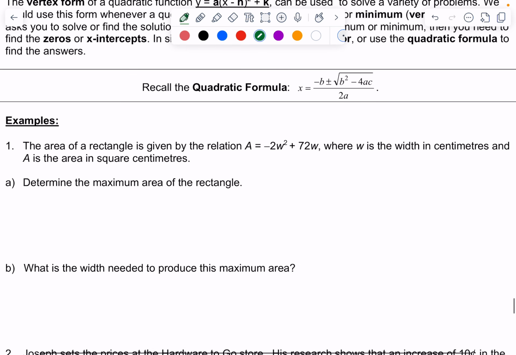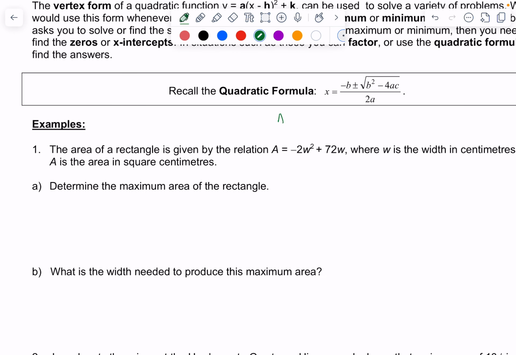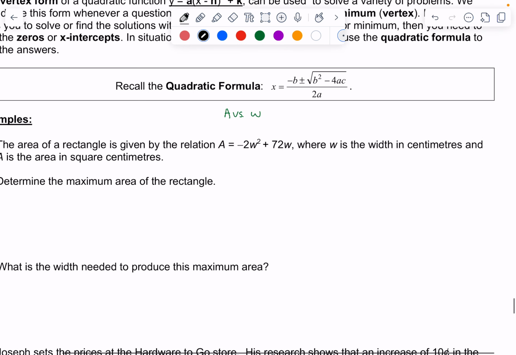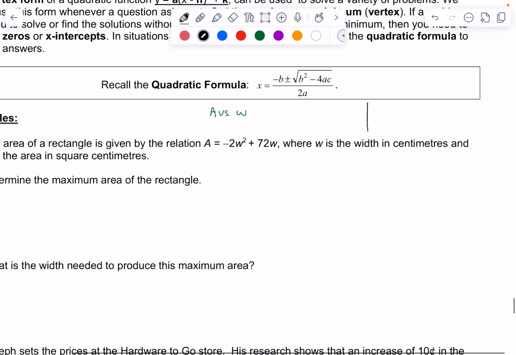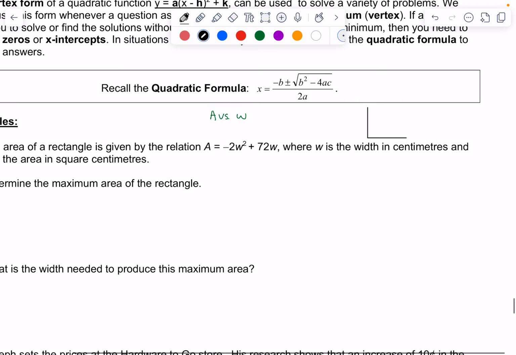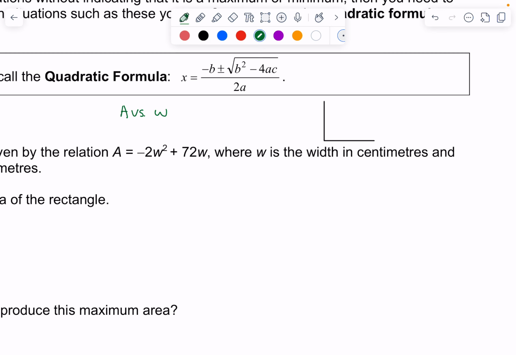So notice in this equation right here, we are graphing A versus W, okay? So when we actually graph this, we're not actually graphing it, but just to understand what the vertex represents, and that's the hardest part of these questions, you're graphing area, A, versus width, all right?